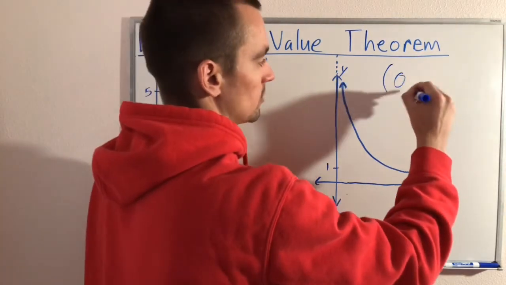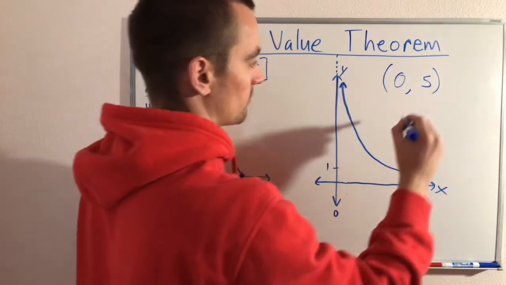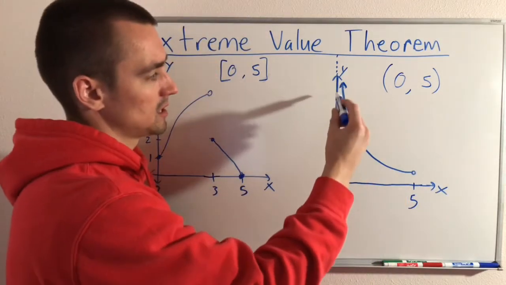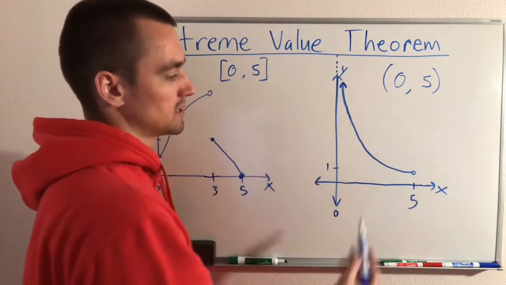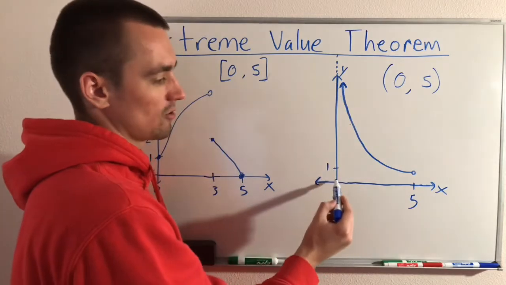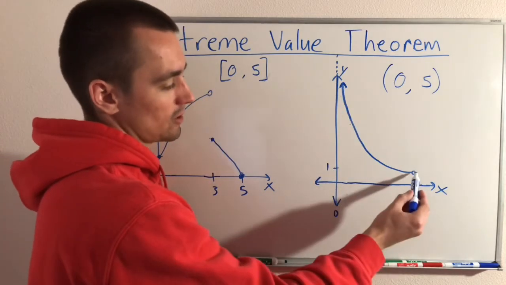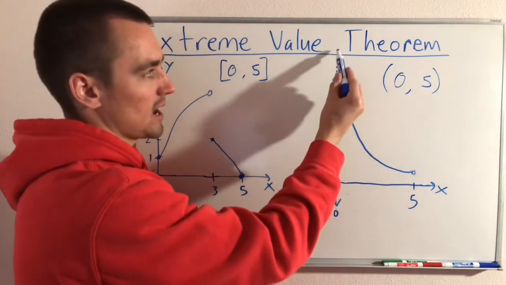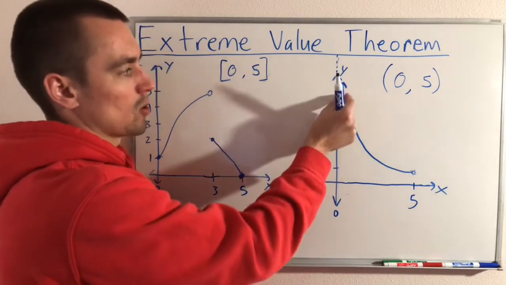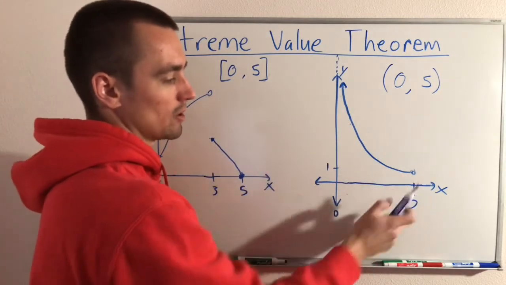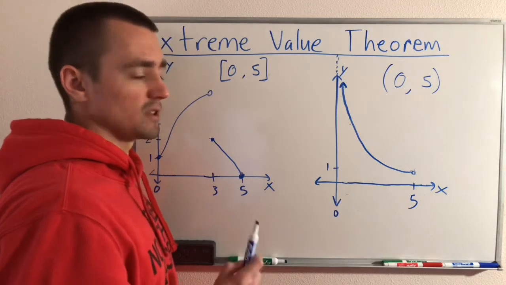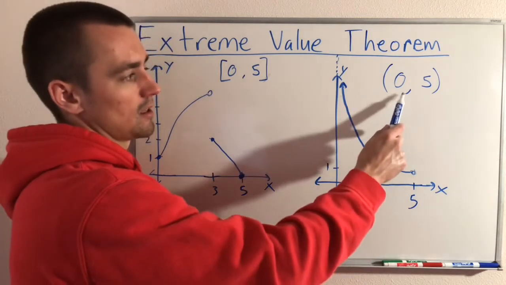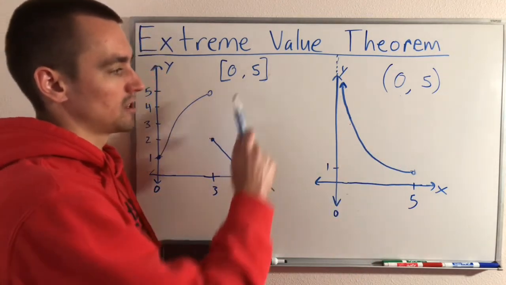It's only continuous on the open interval 0 to 5, right? It's continuous for all x values between 0 and 5, except not at 0 and not at 5, right? We have an open hole here, and then we have an asymptote at 0. So it's never quite going to reach 0, and it's never quite going to reach 5 right here. So therefore, this function is only continuous on an open interval and not a closed interval.